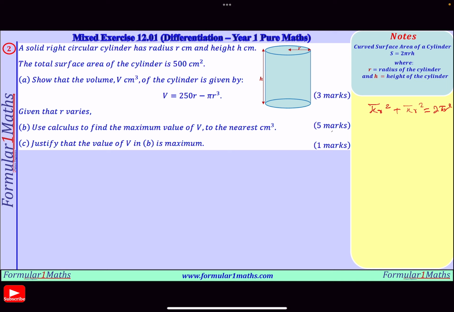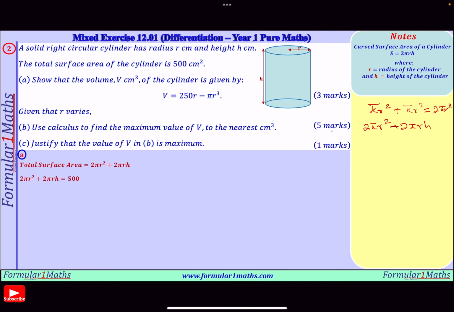We can then add the area of the curved surface, and we're going to get 2 pi r squared plus 2 pi r h. So the total surface area is given by this expression here. But we are told that this is equal to 500. So let's equate that to 500.